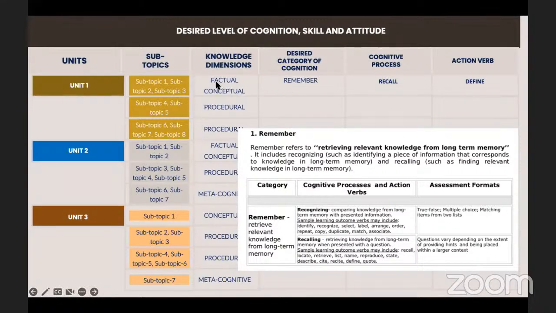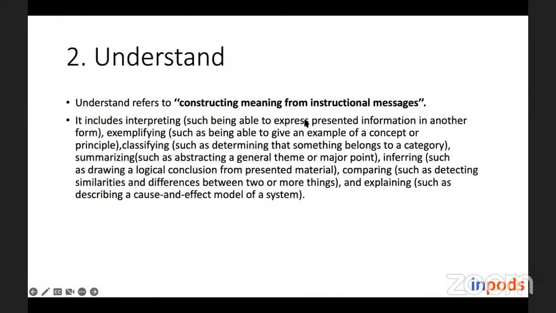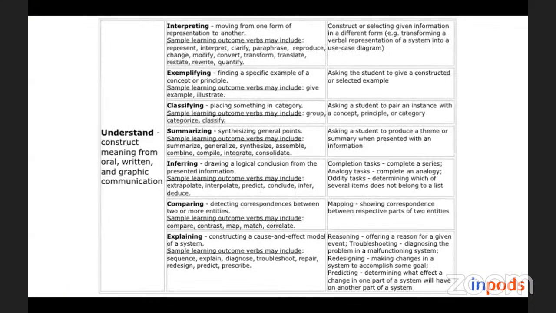If you want to take this factual knowledge to, let's say, the understand level, there could be some factual knowledge subtopics which you want the student to be at understand level. Naturally, remember level is covered. If the student is reaching understand level, remember is already covered.